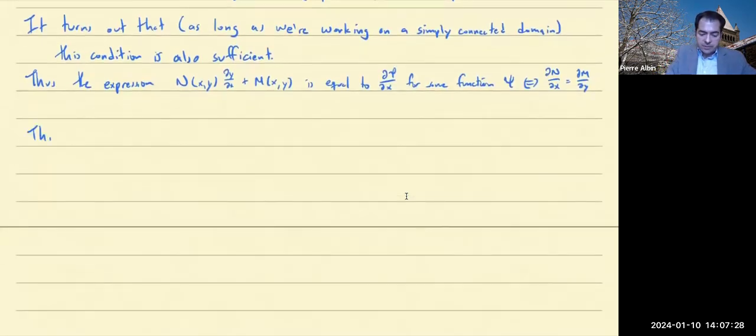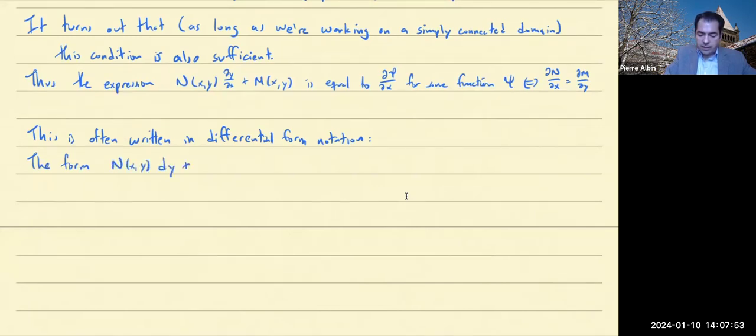This is often written in differential form notation. So what we say is that the form N(x,y) dy plus M(x,y) dx is exact if it is equal to d psi.